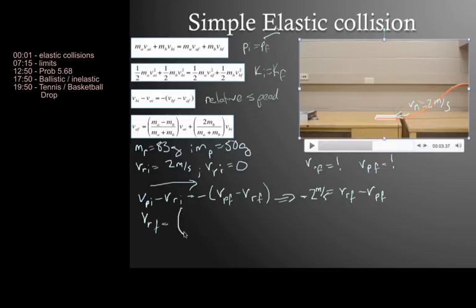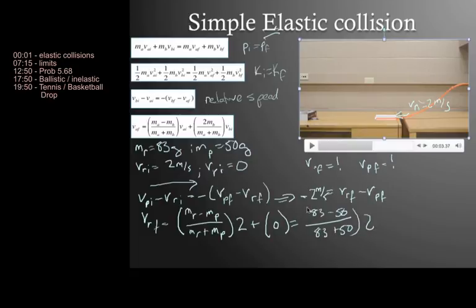And so that's going to give me M red minus M purple all over M red plus M purple times its initial velocity, that's just the 2, plus V B initial, that's 0, so I don't even have to bother with this term. So I can plug in a few of the things that I know. I'm going to get my 83 minus 50 all over this 83 plus 50. And then all of that is going to be times 2.